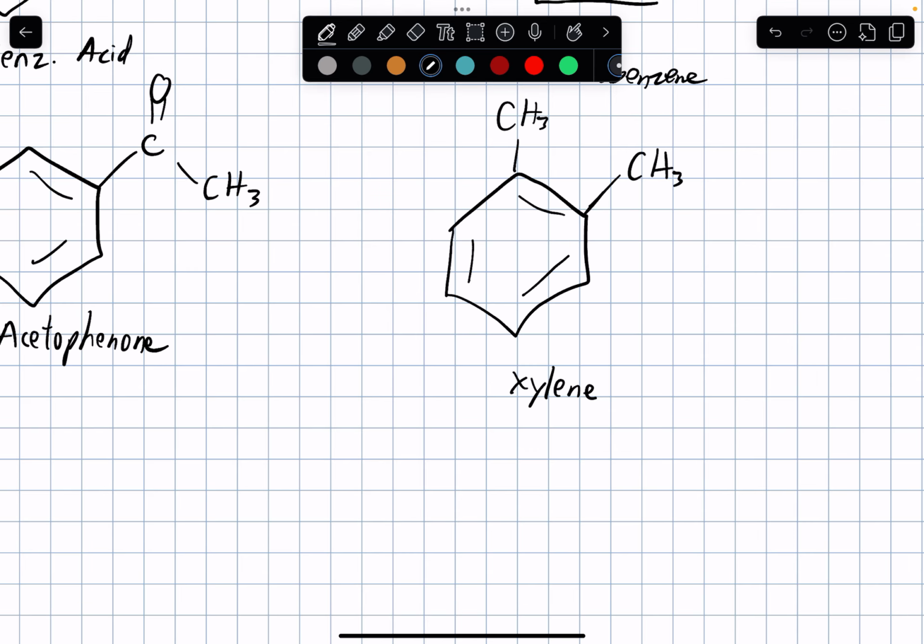If your other substituent is attached here, let's say this is 1, so if it attaches either on this side or this side, that means CH3 is ortho to this substituent, no? So in this case, what we have right now is called orthoxylene, or simply o-xylene.